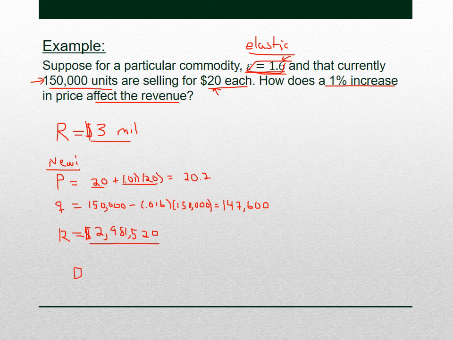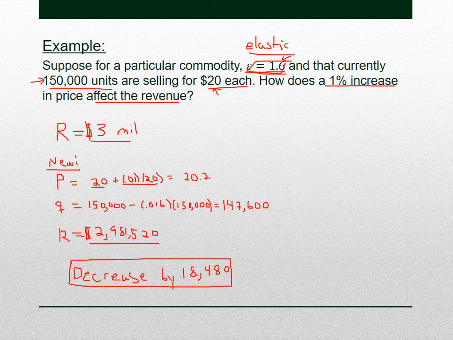The question says, how does it affect the revenue? The revenue is going to decrease by, when you subtract those two numbers, $18,480. That is the answer we're looking for. Not just that it's going to decrease, but by how much it is going to decrease.